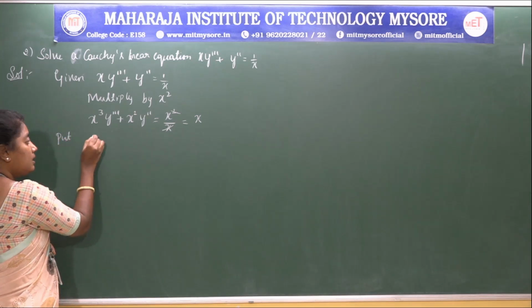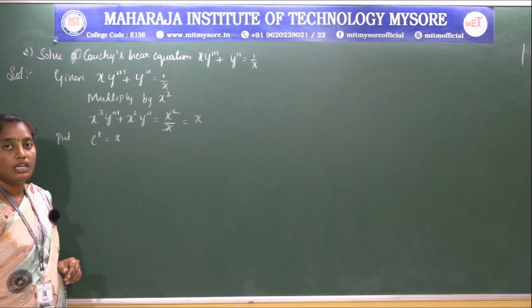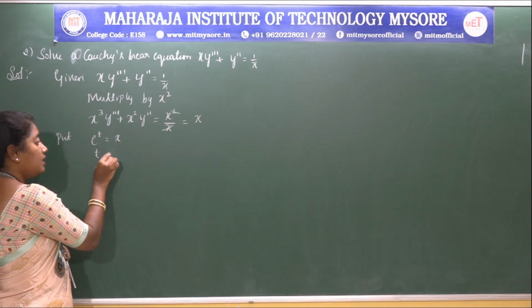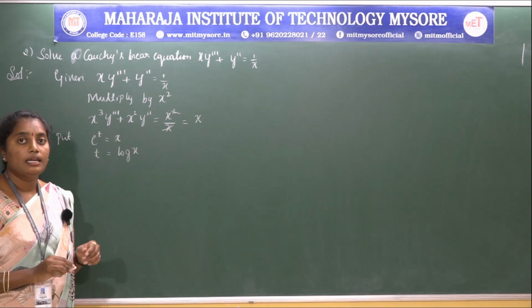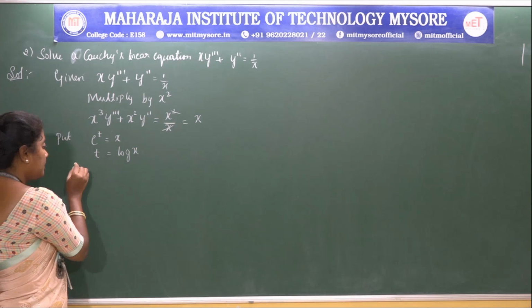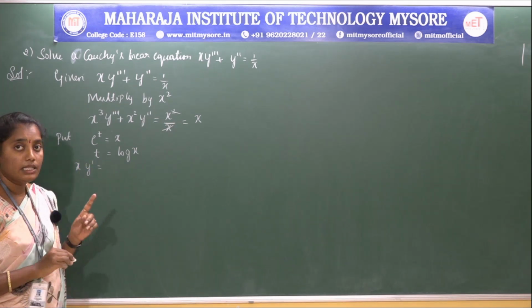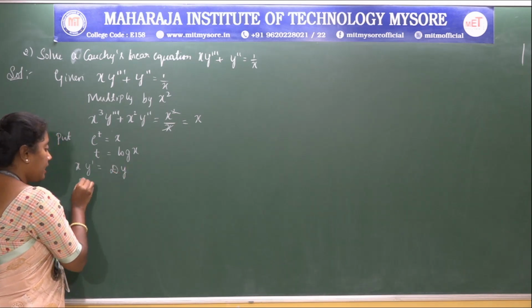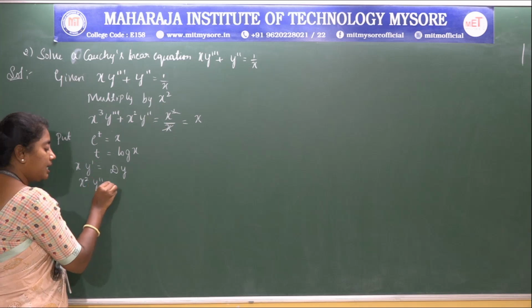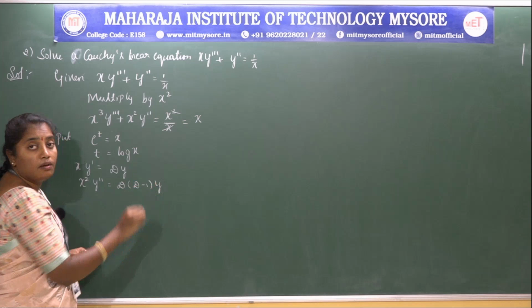Now let us take the substitution. Substitute e power of t is equal to x. On substituting, we get t is equal to log x. Then the value of x y dash, the first derivative, is Dy. x square y double dash, the second derivative, is D(D minus 1) of y.